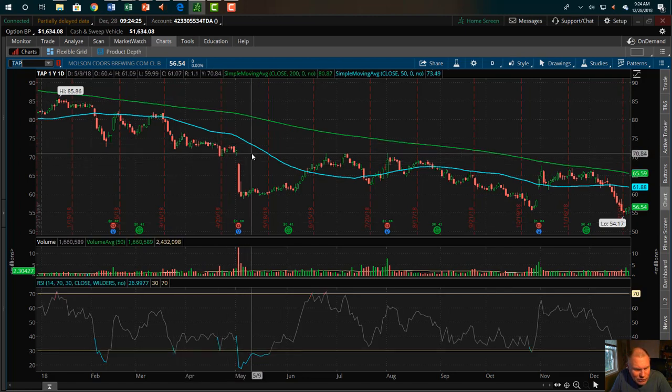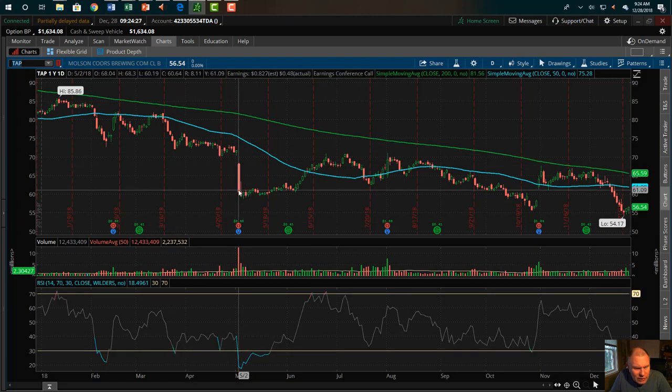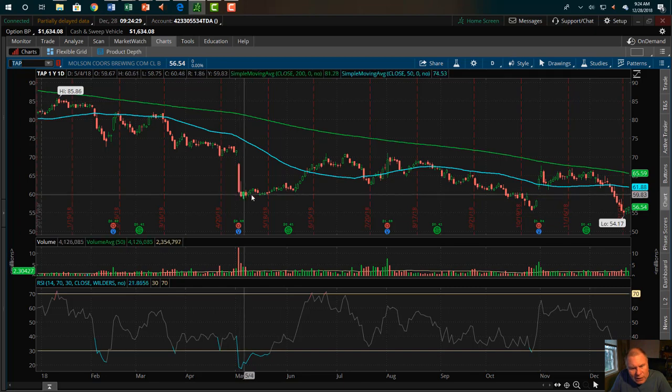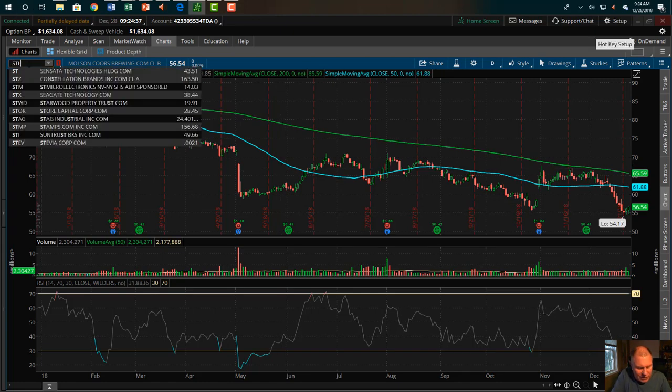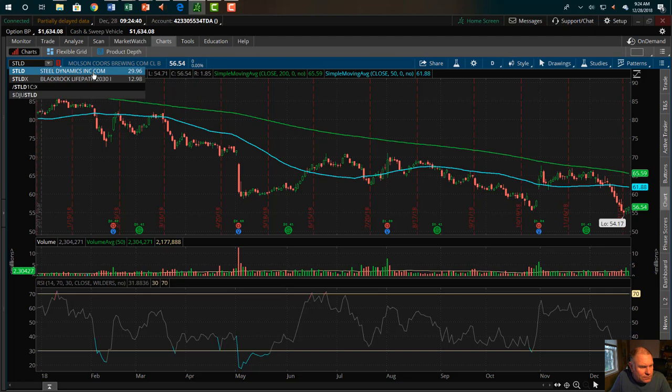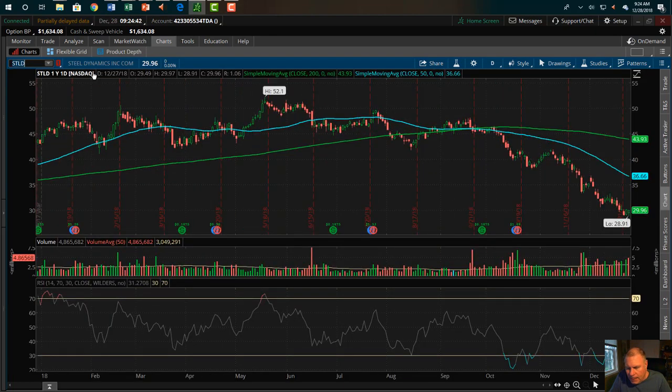But see how the price dropped based on earnings. Earnings weren't met. Then we see it going up. We see patterns and things, but that's another class. So let's take a look at STLD, which is the other company we've been following. And again, you can see that up until this September the closing prices were above the 50-day.